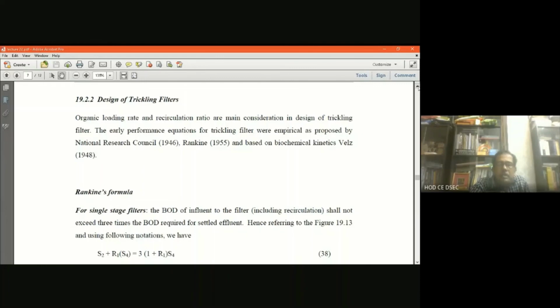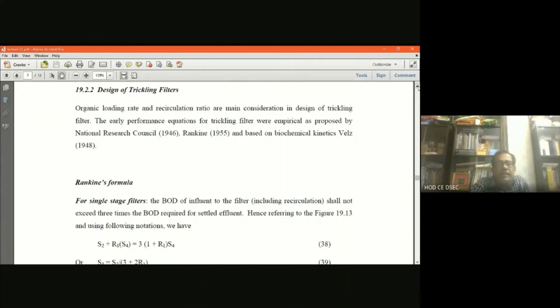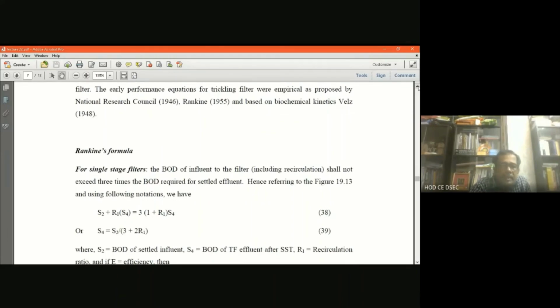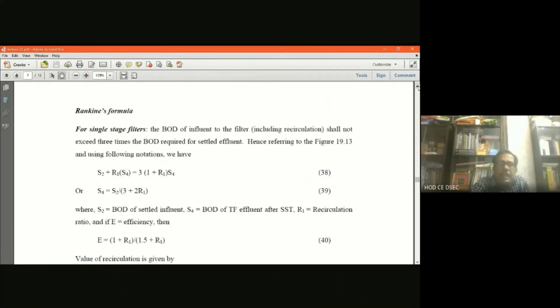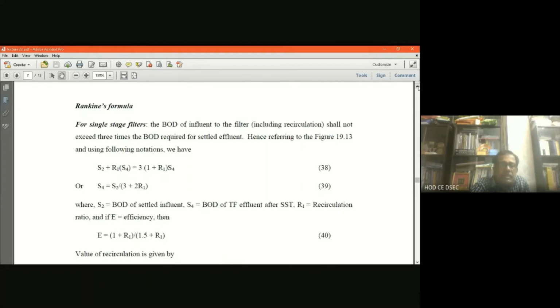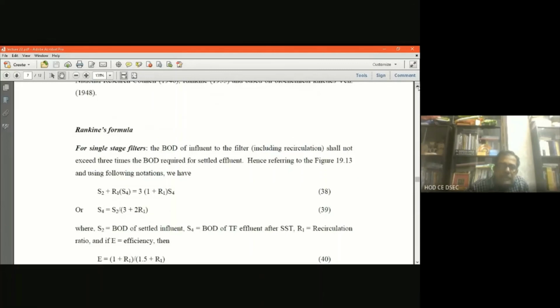One is a low rate trickling filter, another is a high rate trickling filter, another is a super high rate trickling filter. In low rate trickling filters, recirculation is not done, but in high rate and super high rate trickling filters, recirculation has to be considered, because from the SST, the secondary sedimentation tank, we send the wastewater with the sludge again to the aerated tank, that is the trickling filter.